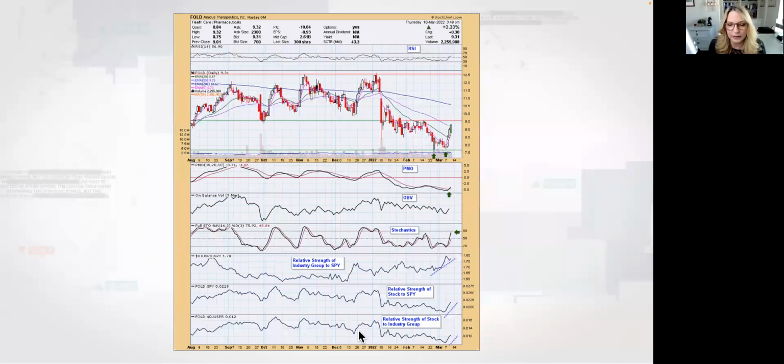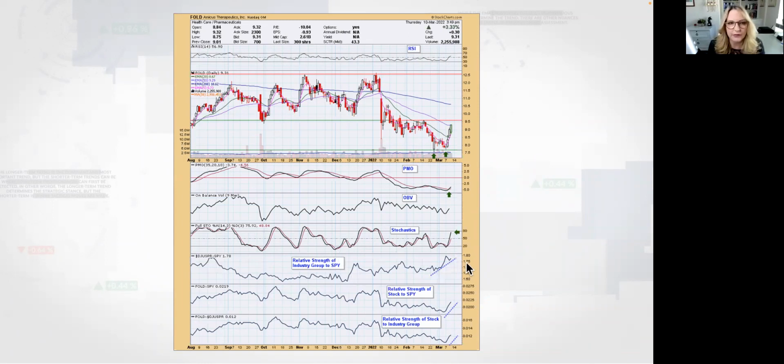Then there's that relative strength that I was talking about. I start off by taking the relative strength of an industry group, whatever the stock is in, and I compare that to the SPY. The reason I do that is I want to see outperformance. Obviously, I want to see that relative strength line moving up, like you can see here.